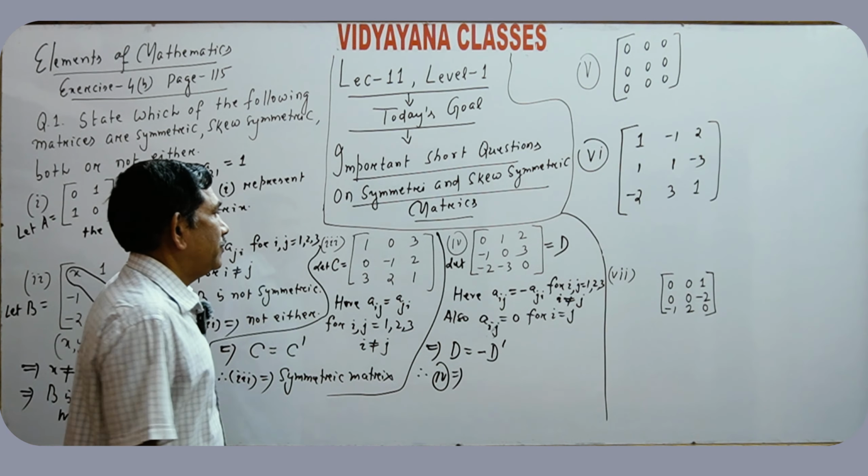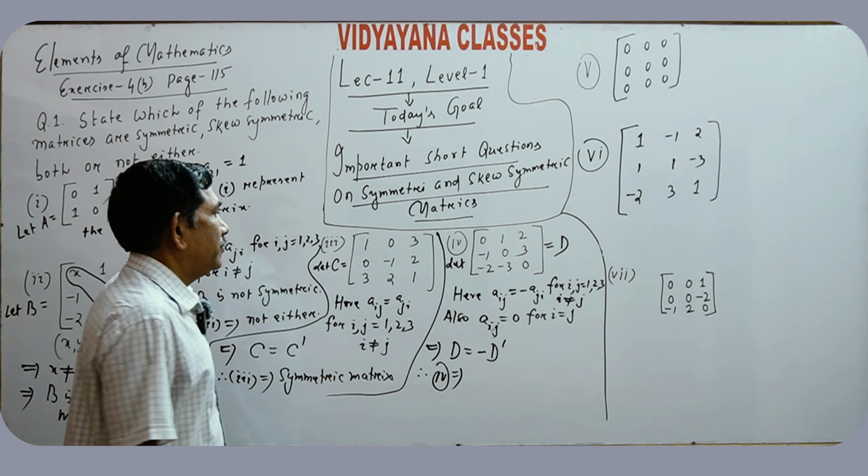Next, let E be the given matrix. All elements in the diagonal are not 0. So it is not skew symmetric.